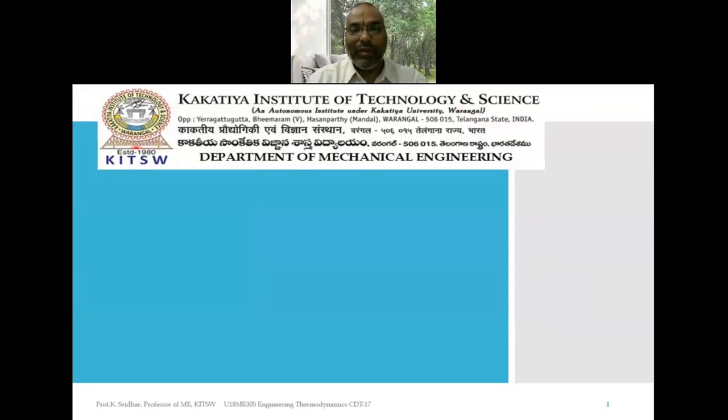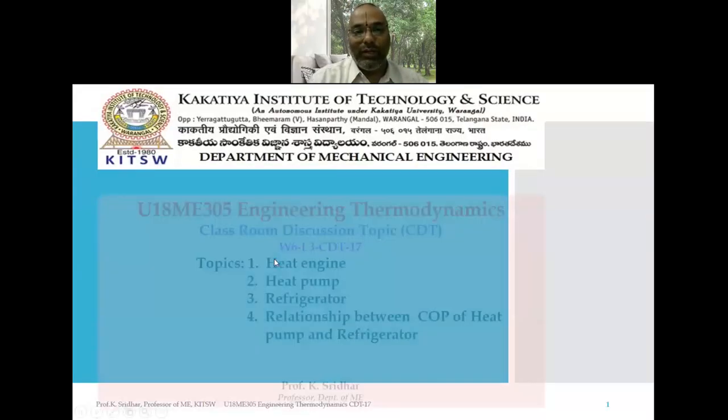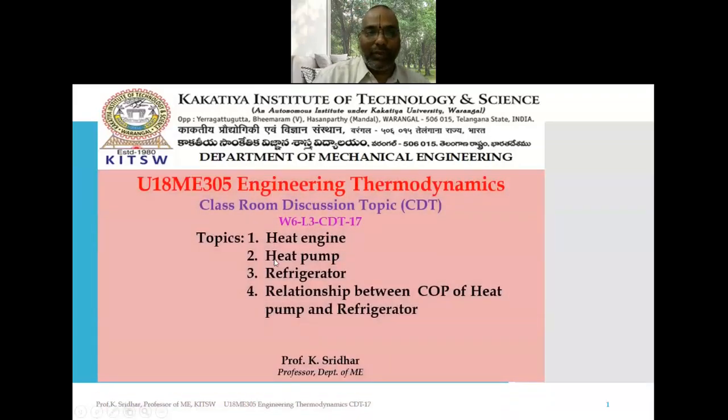In today's classroom discussion, let us discuss four important topics. The first one is the heat engine working principle, then the heat pump working principle, the refrigerator working principle, and the fourth one is the relationship between the COP of the heat pump and the COP of the refrigerator.